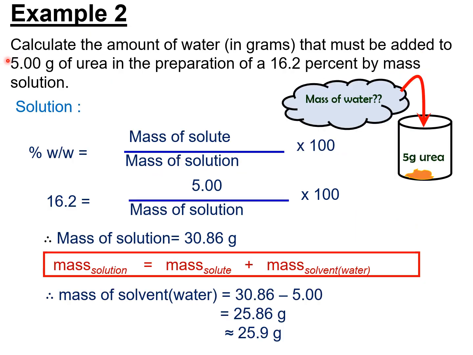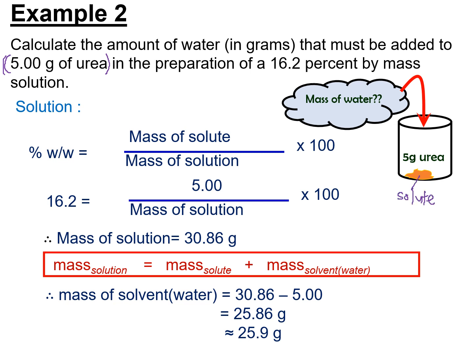Next example, calculate the amount of water in grams that must be added to 5 gram of urea in the preparation of a 16.2% by mass solution. Okay, kat sini soalan ni dia bagi info pasal urea. Urea ni adalah solute.